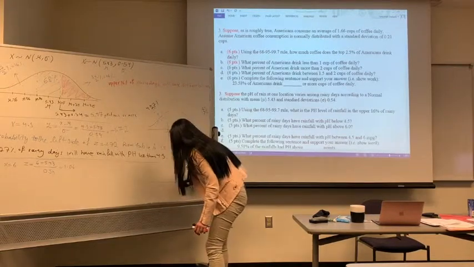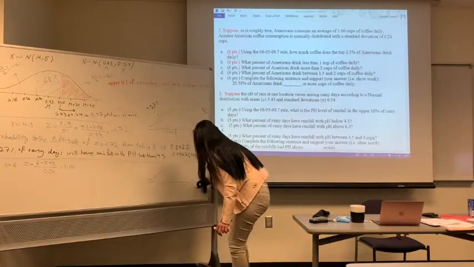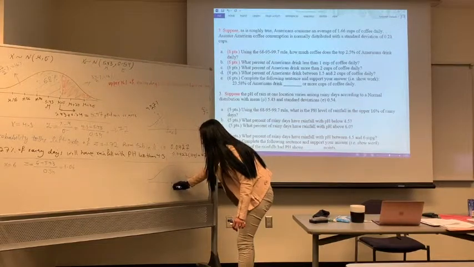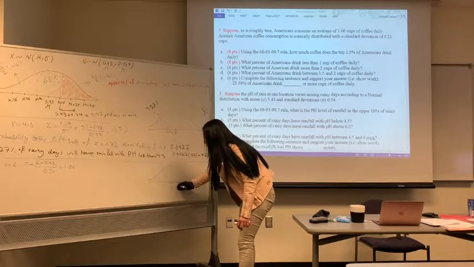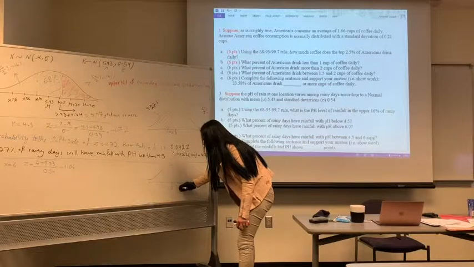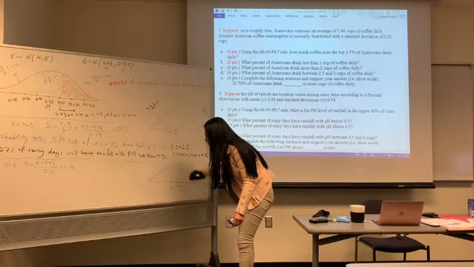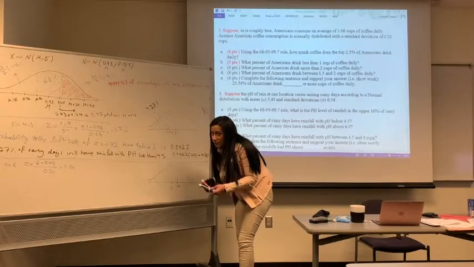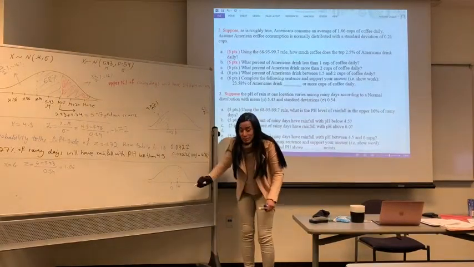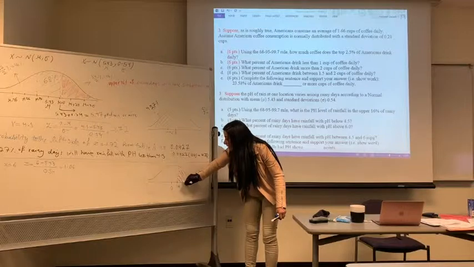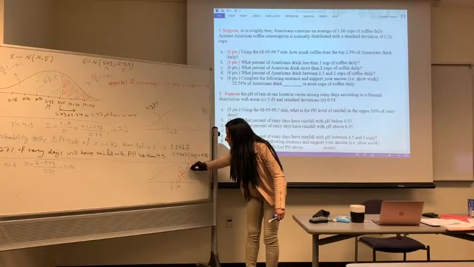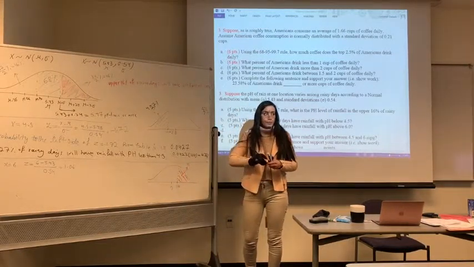So I'm going to draw a picture. 0 is here. We have a positive z, 1.06, right? And then this is the imaginary line. What area do we need? Right side, correct? So we need this area. Correct?